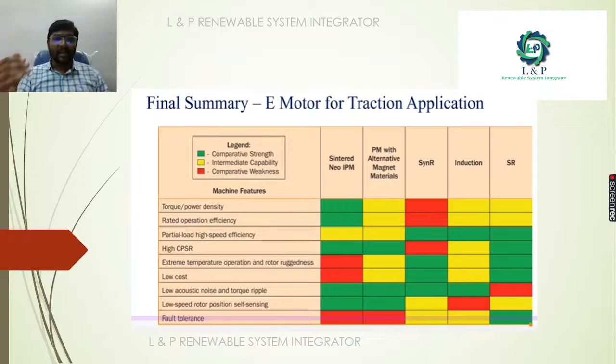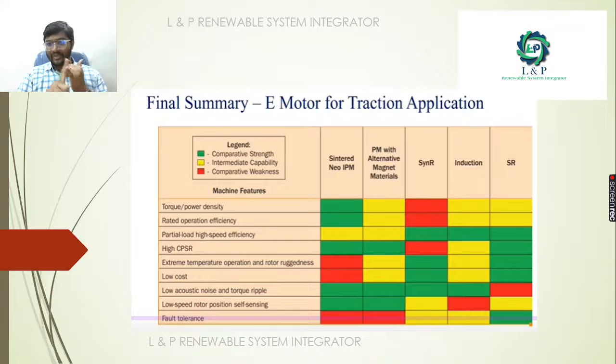And when we get into the final summary of the different electrical traction motors being used for our electrical traction purpose, first is our induction motor. The induction motor is only good for high speed efficiency.